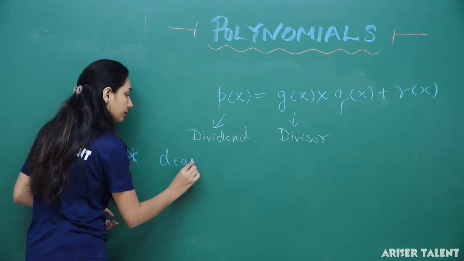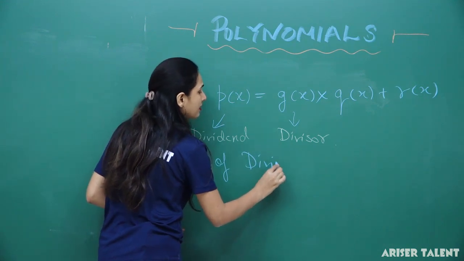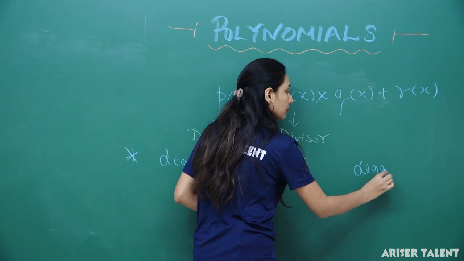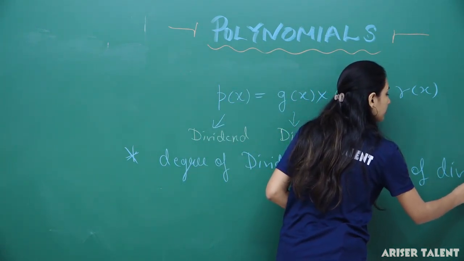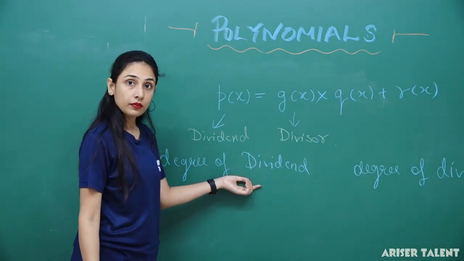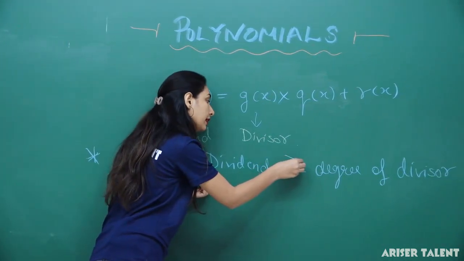Now if I talk about degree, this is important: the degree of dividend and the degree of divisor will be either equal or greater than.